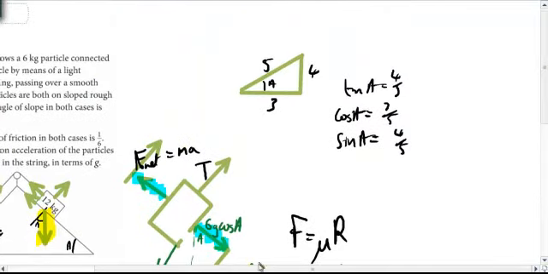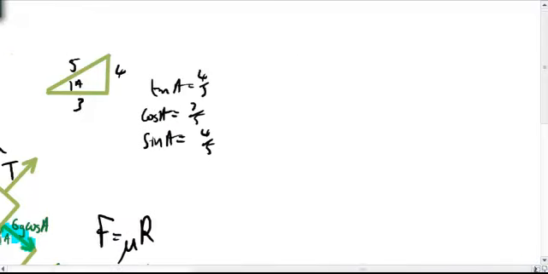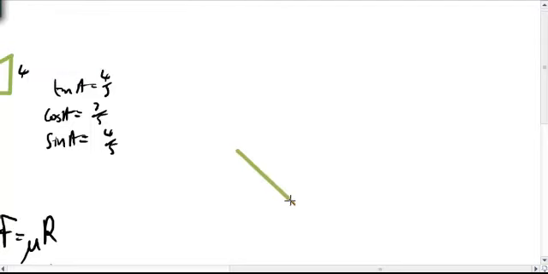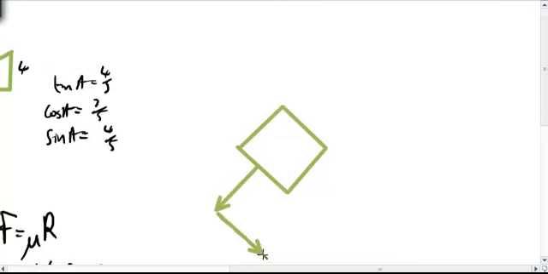Now it's going to be very similar for the 12g one as well. So I'll move over here and we'll work through that one. Again, 12g, it's going to be like this here. Now instead of writing the weight vector down, I'm going to write one vector like this and one vector down the way like this.